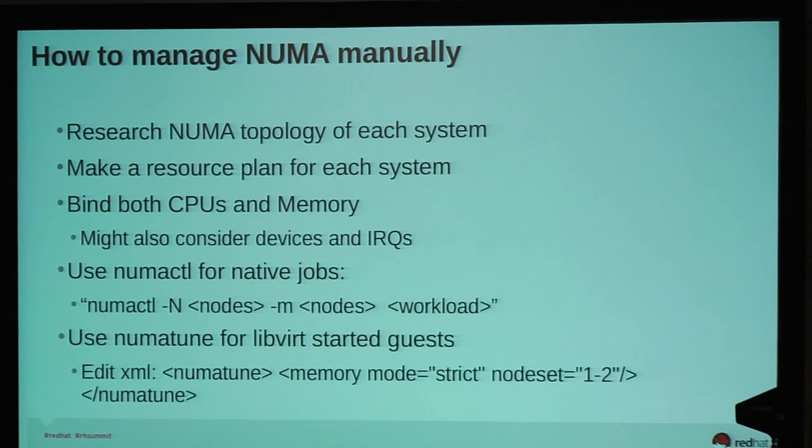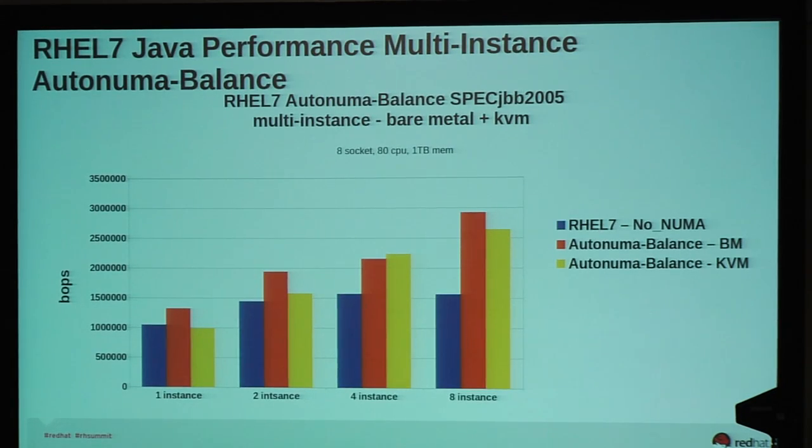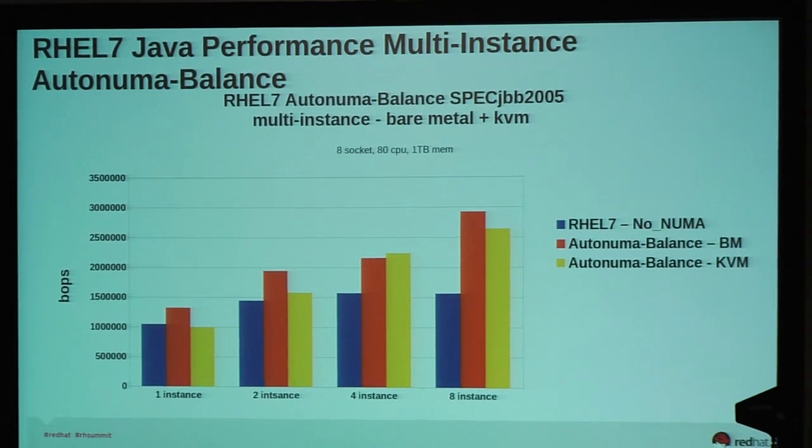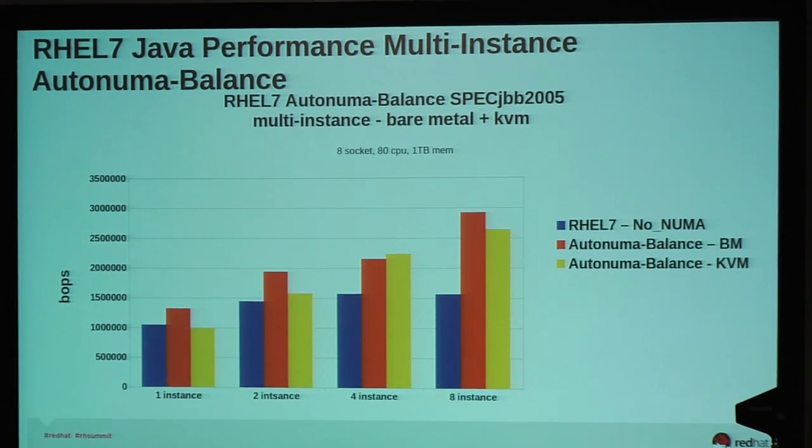And so let's see how it did with multiple KVM guests. In this case, up to 8 instances are running on an 8 NUMA node system. And in fact, the results are quite staggering once you get past, say, 2 instances. What used to be a 15–20% gain on an 8-socket system is all of a sudden almost a factor of 2. So the red is what bare metal did.